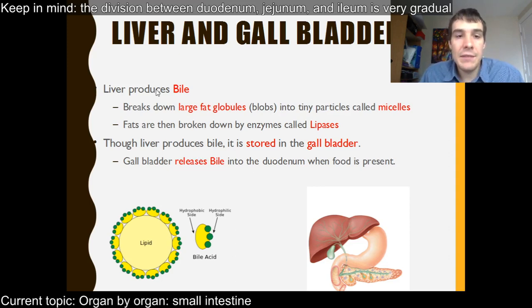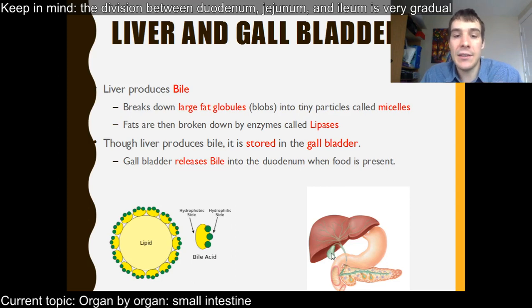And then when the liver produces bile, it's just constantly producing bile. And they store that in the gallbladder. So the bile from the liver gets stored in the gallbladder. And on command, the gallbladder is the thing that's actually going to release that bile. But it doesn't actually make anything. The gallbladder doesn't make any bile.